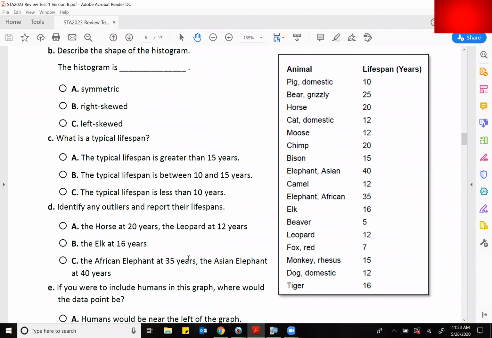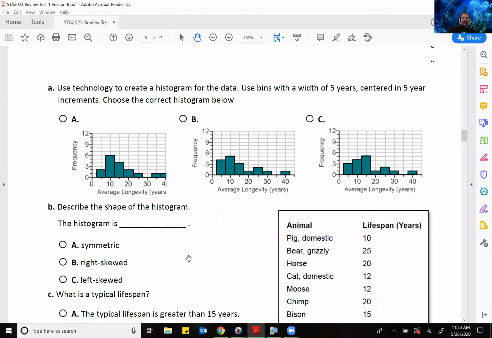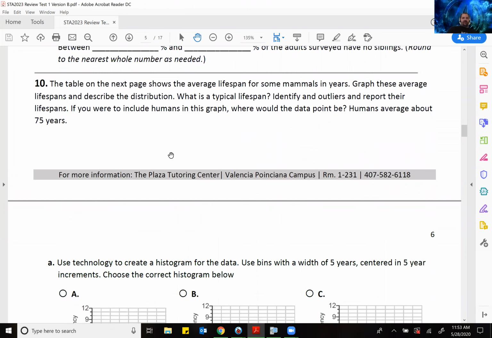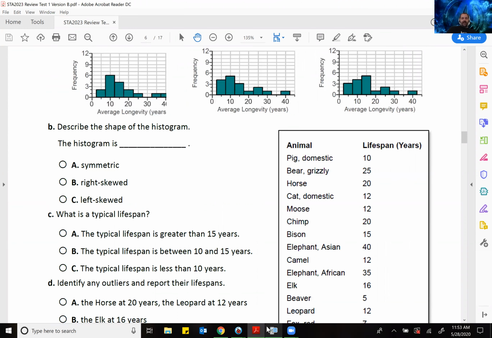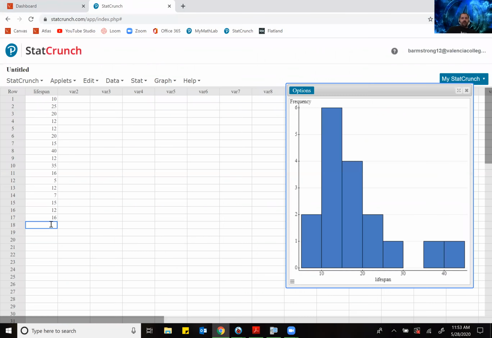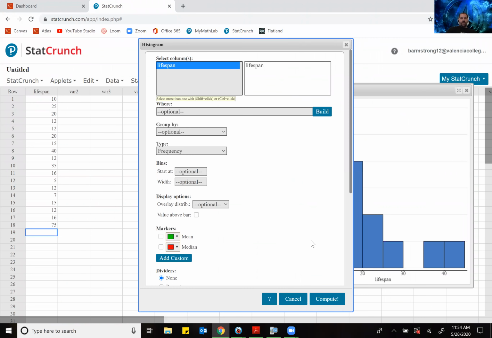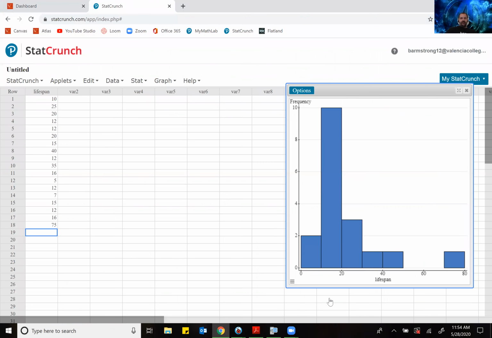All right. So now remember up here, it said humans average 75 years. So what's cool is we can go back into StatCrunch and we can add humans in real quick. 75. And then now if we go back in to edit and then compute, now we have humans in there.